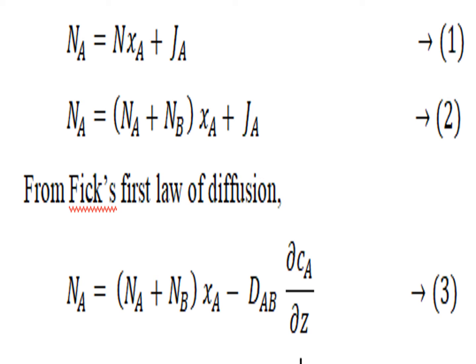This is the second expression. What is Fick's first law of diffusion? So here Na is equal to Na plus Nb into Xa. Fick's first law of diffusion: Ja is equal to minus Dab dou Ca by dou Z. So this is the third expression.